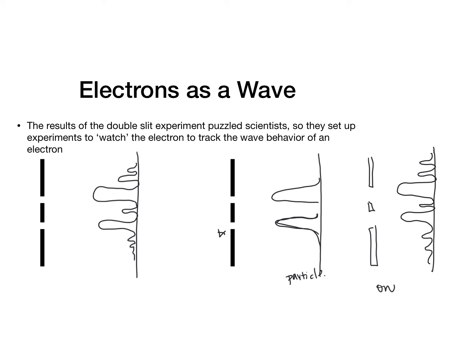We know that because we can track the detection on the detector, so you can see one electron at a time. Over time, you would get random electrons in random places that would sum up to this diffraction pattern. But if you observe the electron and you know that it goes through one slit over the other, it behaves as a particle.